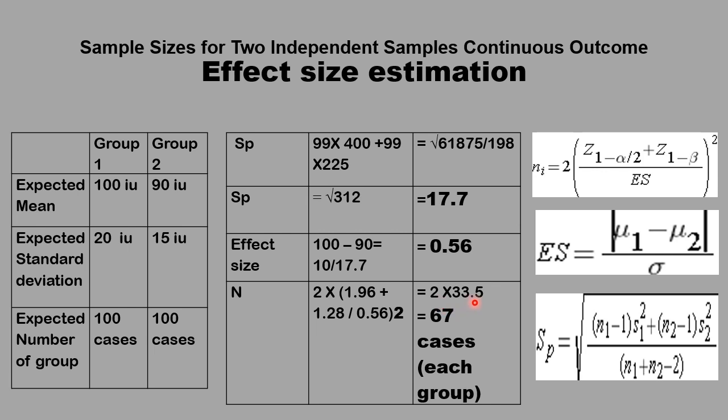Then you get 2 multiplied by 33.5. That is to say, you need 67 cases in each group. This is the other way of estimating the effect size from an estimated pooled standard deviation if you don't want to use figures from pilot studies or from the literature.